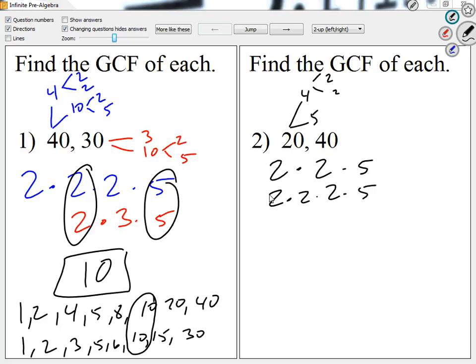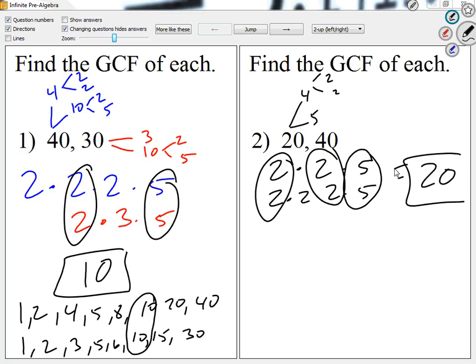But I don't have to do the tree diagram again, because I just broke 40 in my previous question. So I already know it. I know they both have a 2, they have another 2, and they have a 5. What do you get when you multiply those out? 2 times 2 times 5 is 20. So my greatest common factor is 20.